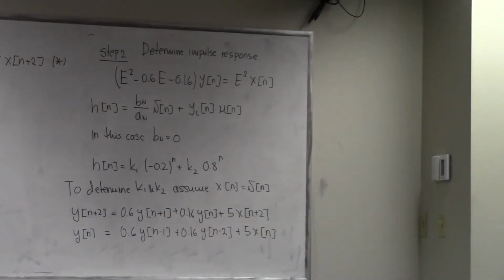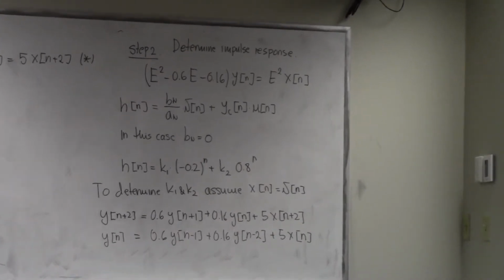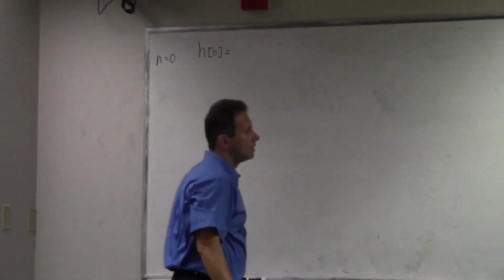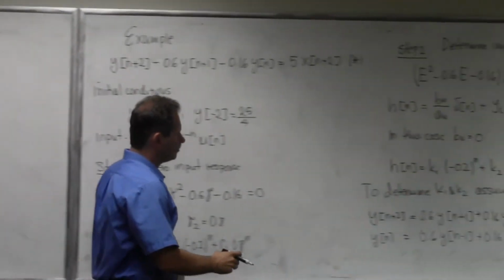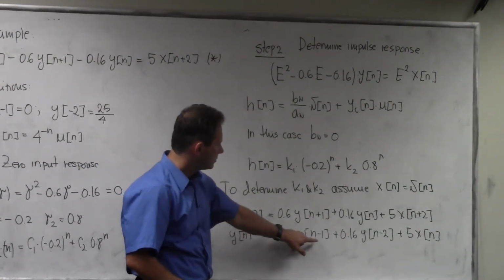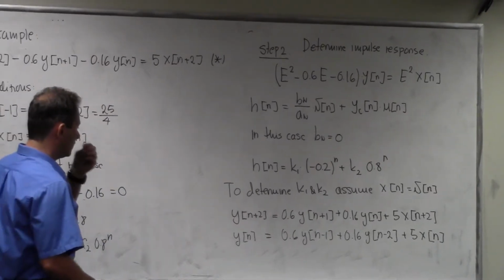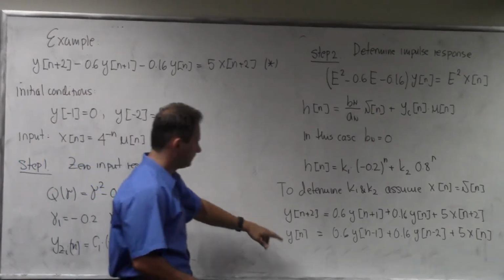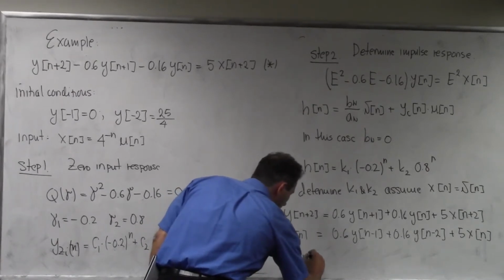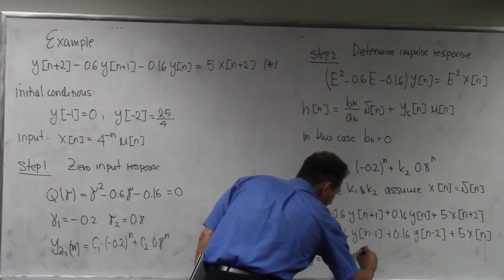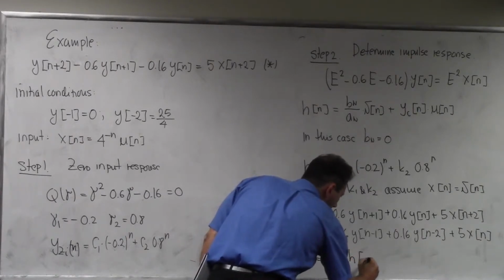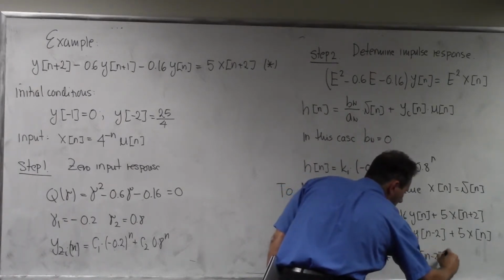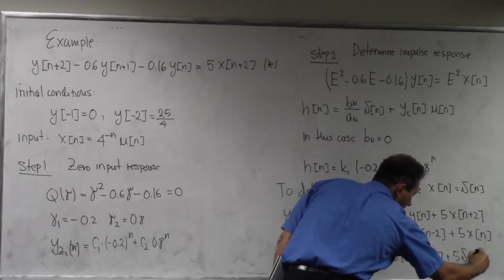So what you do is you say, okay, when n is equal to 0, I have h of 0 equal to, let's see, sorry, let me just do this. h of n has to be equal to 0.6 h of n minus 1 plus 0.16 h of n minus 2 and plus 5 delta of n, right?